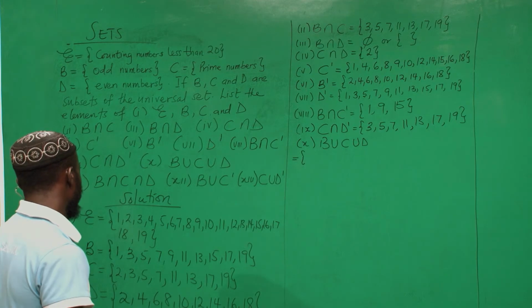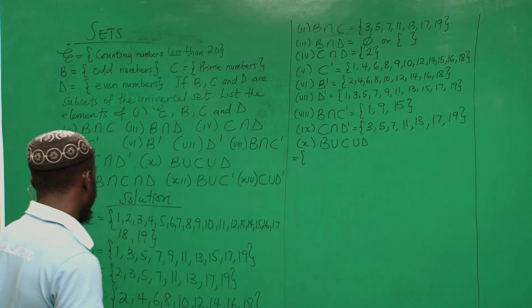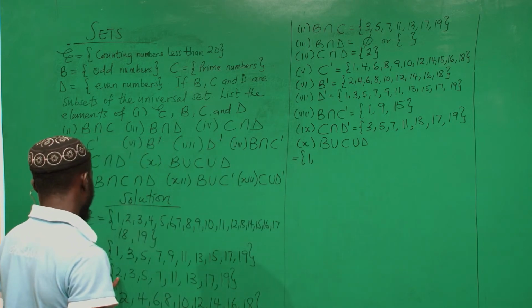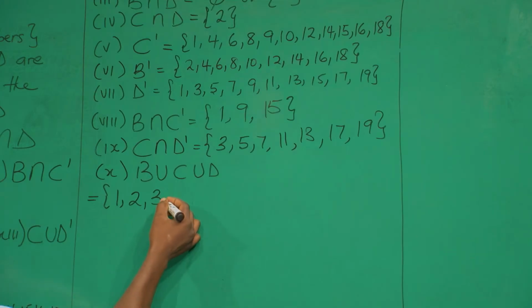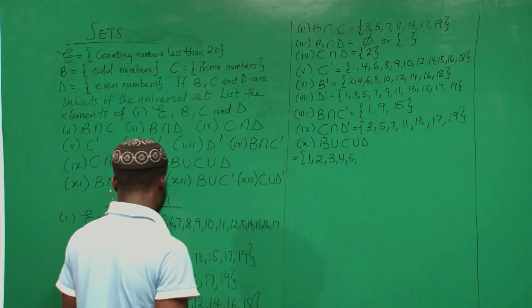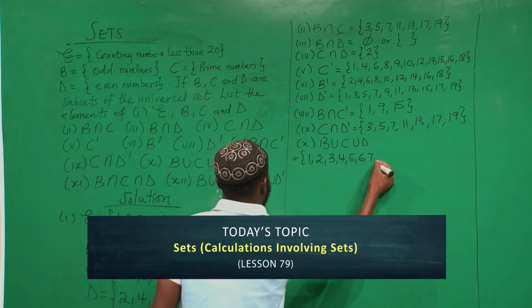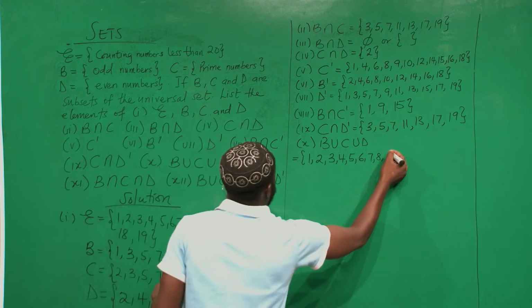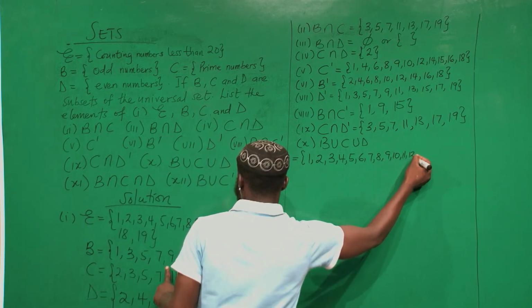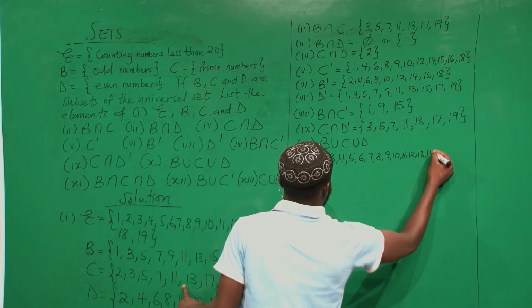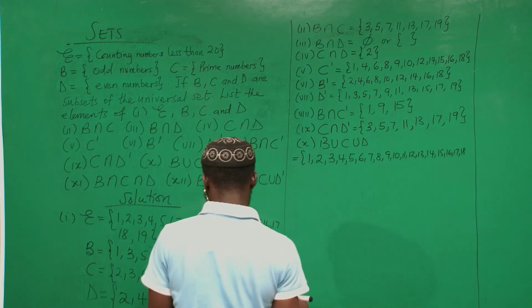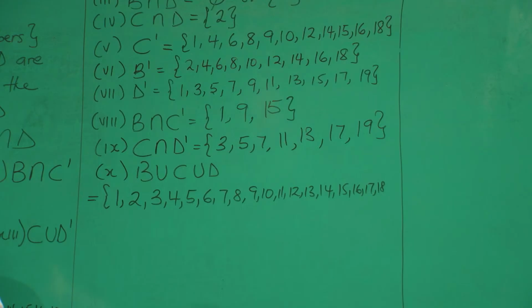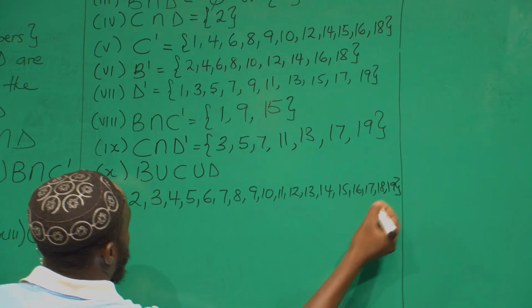So we have number 1, then 2, 3, 4, 5, 6, 7, 8, 9, 10, 11, 12, 13, 14, 15, 16, 17, 18, 19.